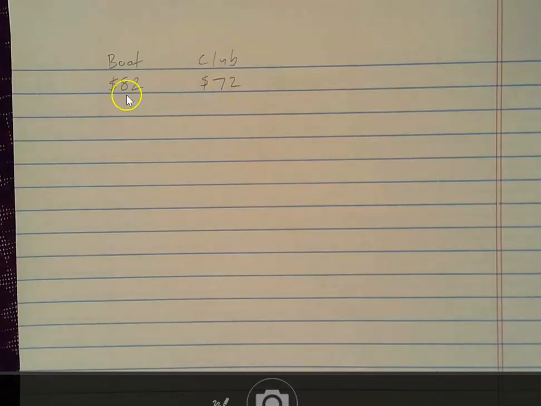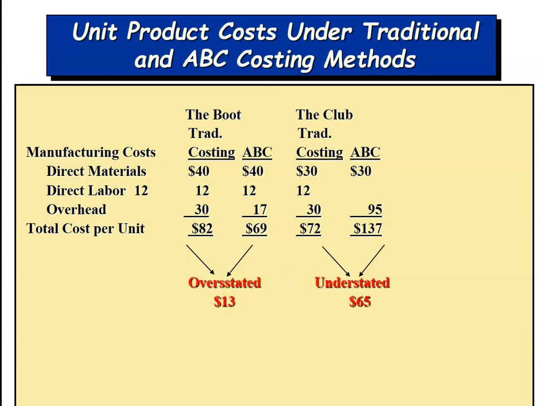Okay? So we see that, and I wrote this down over here just so I could be looking at it as we were going through this, and I hope you did the same. Under traditional costing, our cost of the boot is $82. That was with $30 being allocated to overhead. Now it's $17. So our product cost was $13 overstated with traditional costing.